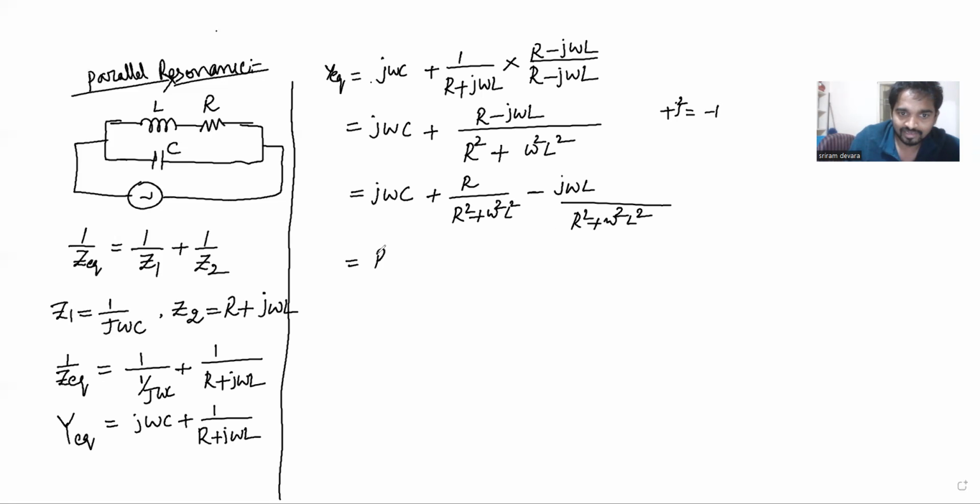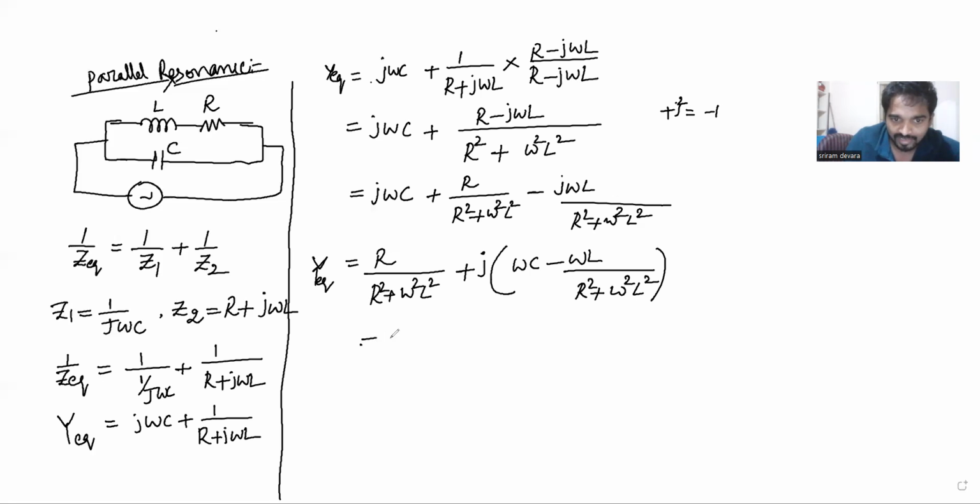Here I'll separate the real and imaginary parts. Taking J common, this becomes omega C minus omega L divided by R square plus omega square L square. So this is Y equivalent.